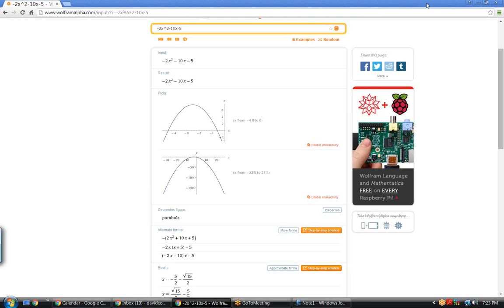And now it's going to show me that I don't have any battery power. Plug it in. All right.